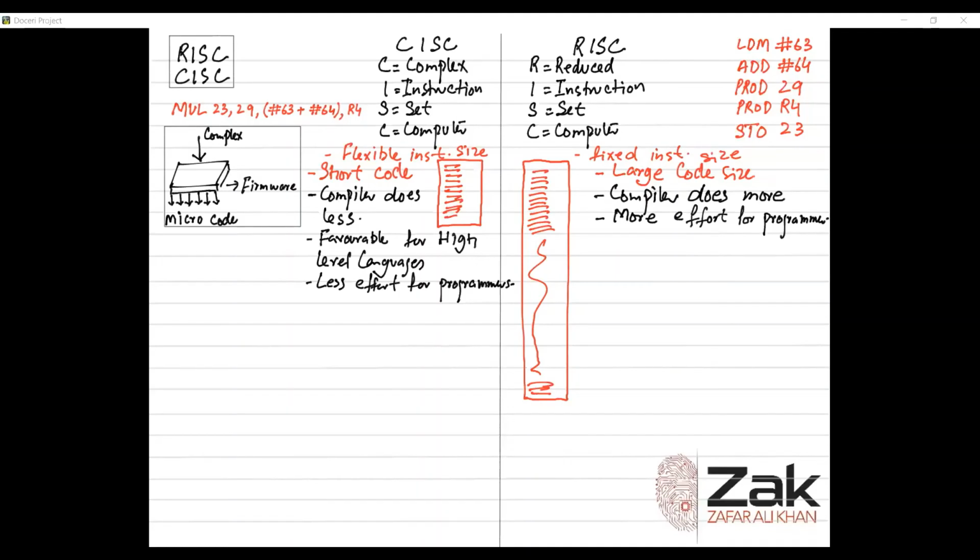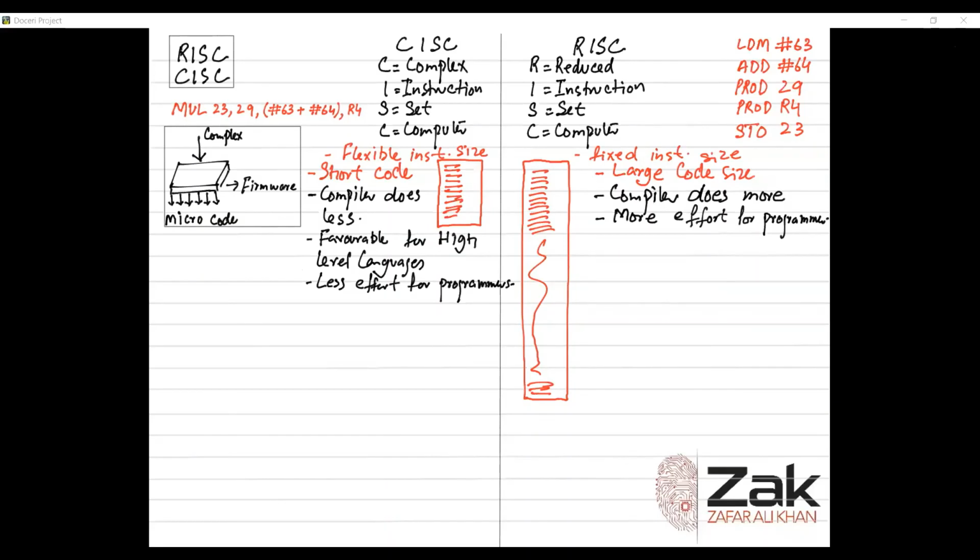Firmware is the software built into the processor by the manufacturer of the processor, and the first and foremost task of this firmware is to break a complex instruction into microcode. What is microcode? Microcode is making a complex instruction code into a form of simpler instruction code. So when we do it, we call it RISC.